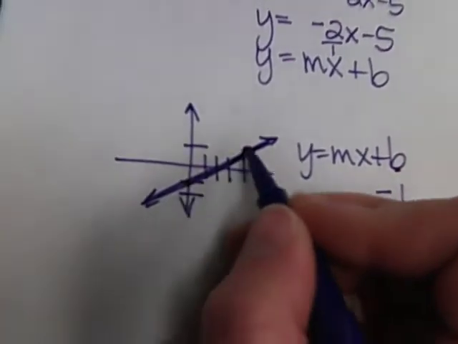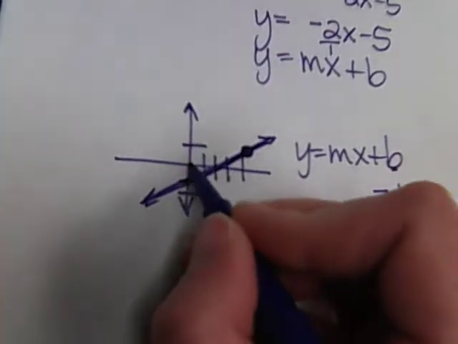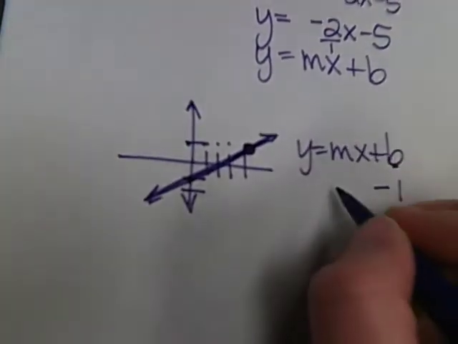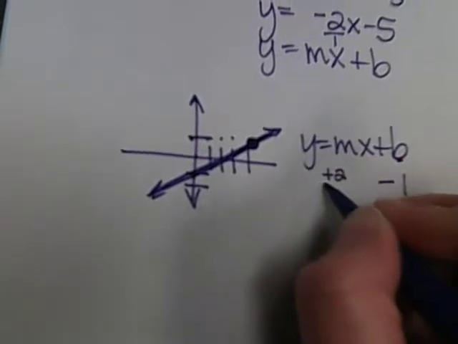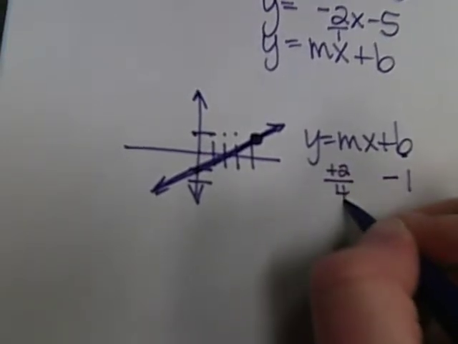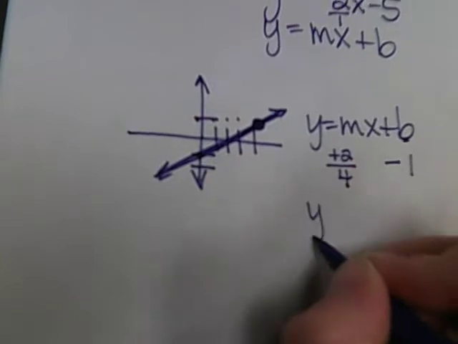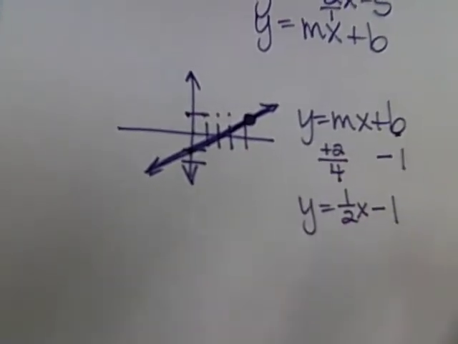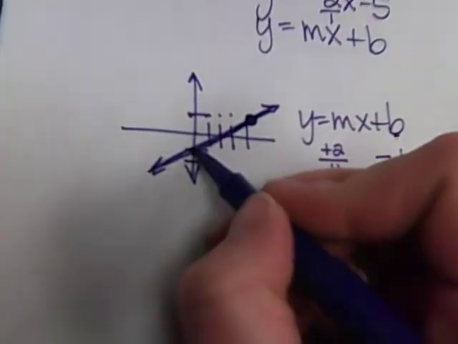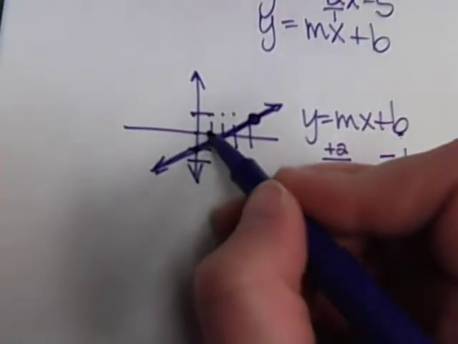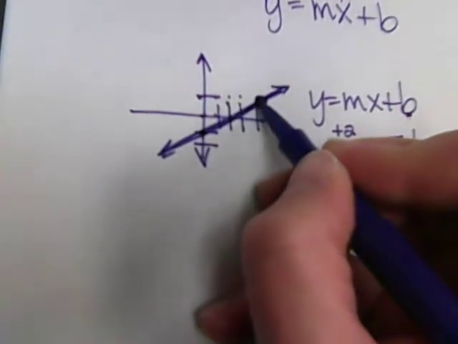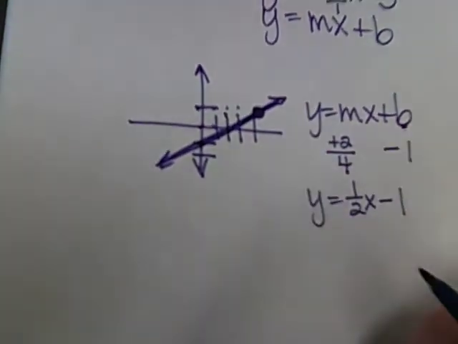So from here to here, I could go up 1, 2, over 1, 2, 3, 4. So I went up 2 over 4, which reduces to 1/2. So there's my equation. It started at -1 on the y-axis, and it went up 1 over 2. Yep, it sure did. Okay?